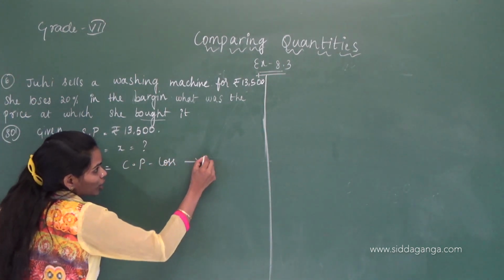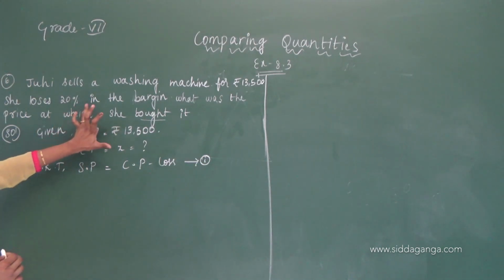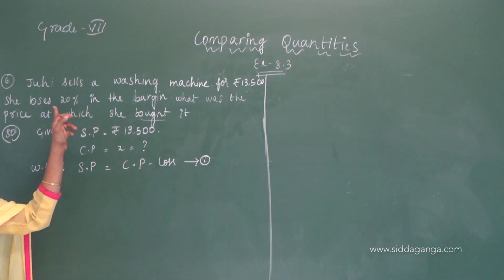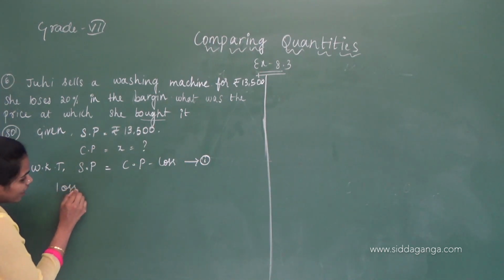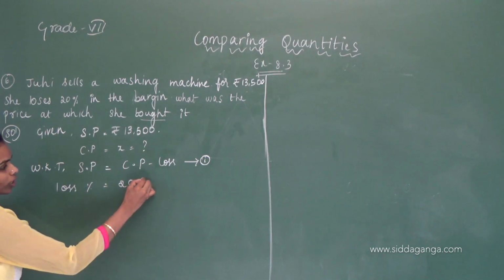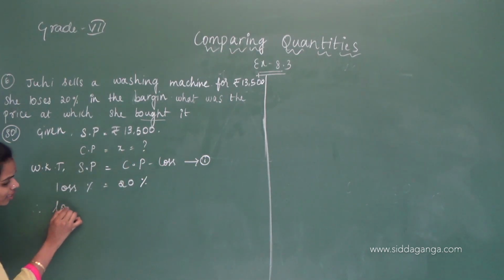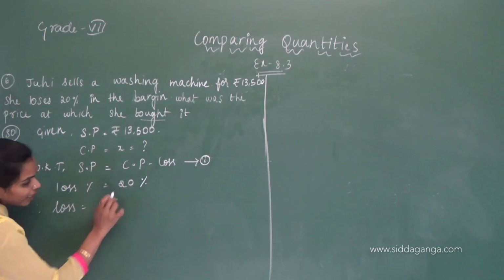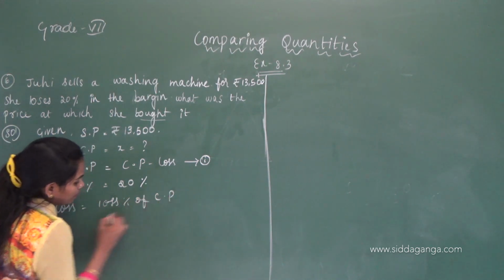We have to mention it as the first equation, and then what they are giving in the transaction: she lost 20%. How much percent did she lose? Loss percentage equals 20%. Then we can tell loss equals loss percentage of CP.